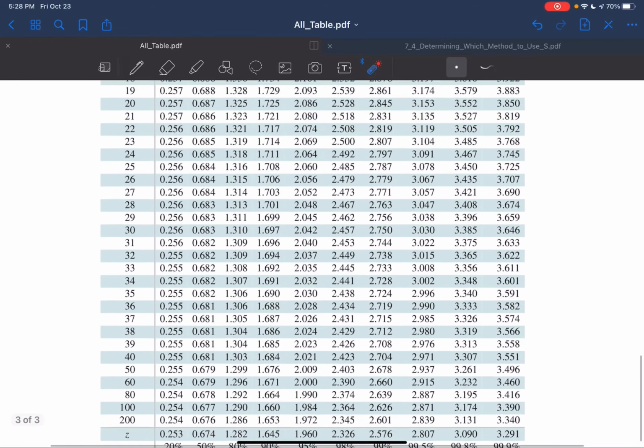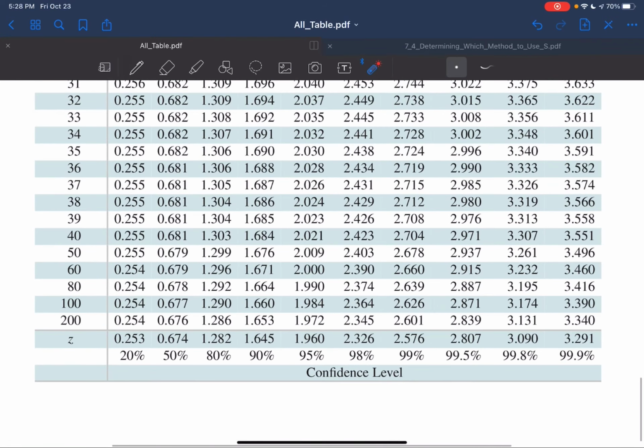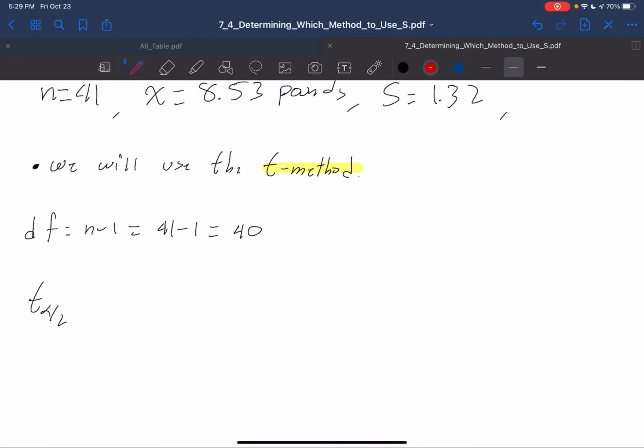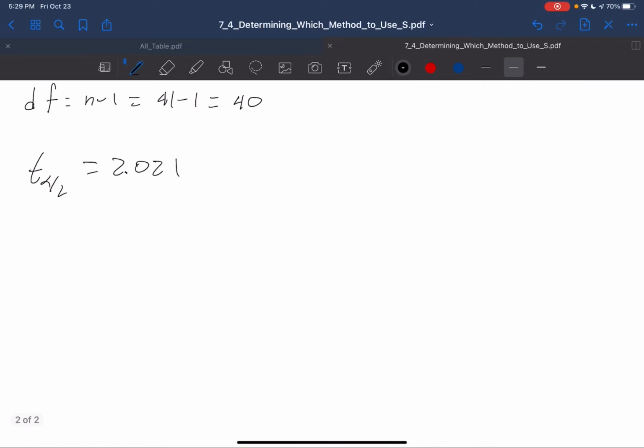You go to 40, which is the degrees of freedom, and since we're dealing with a 95% confidence interval, our critical value is 2.021.